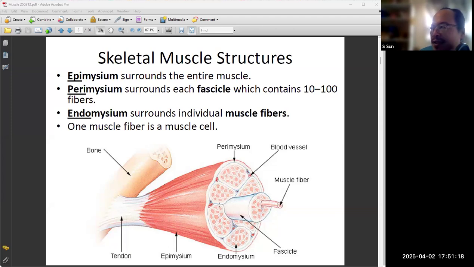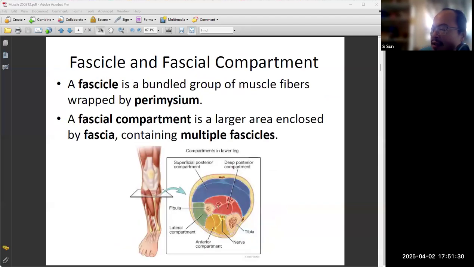And that something more is that some of these fascicles are wrapped separately with another package. So that's this one here. So here we call it a fascicle compartment.